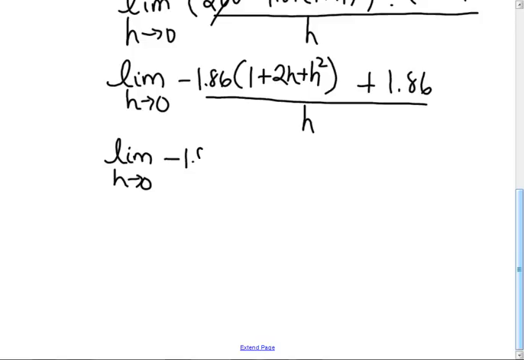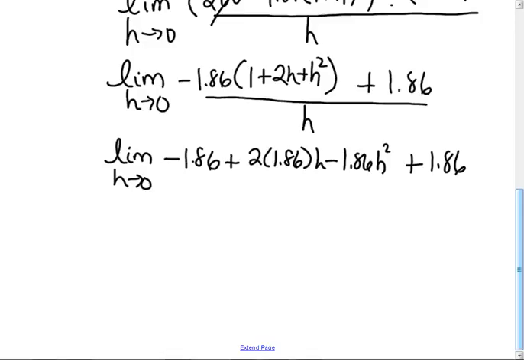Negative 1.86 plus 2 times a negative 1.86 h plus h squared. Whoops, I forgot something. I forgot to multiply by minus 1.86 h squared. I still get the right answer, though. Plus 1.86. What happens to the 1.86s? They go away, right?